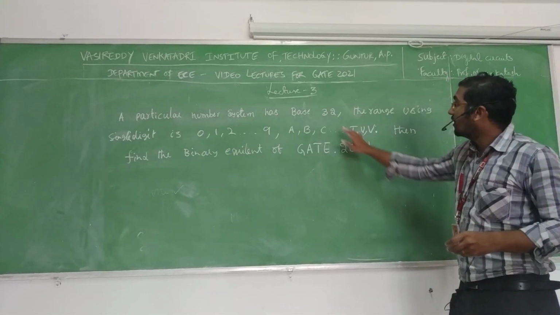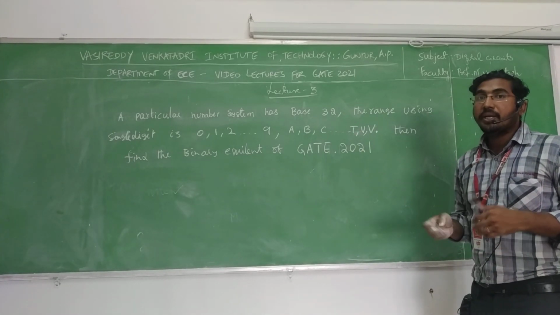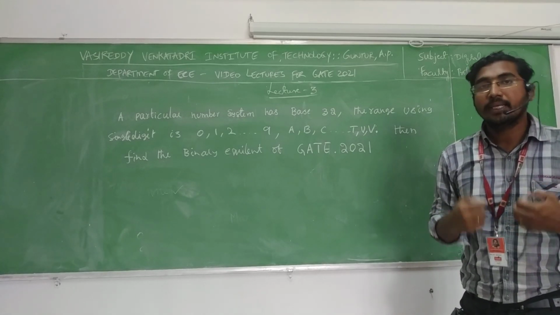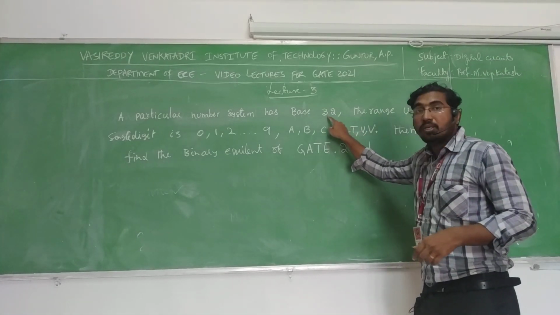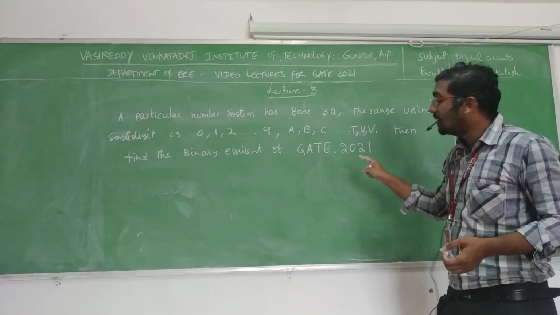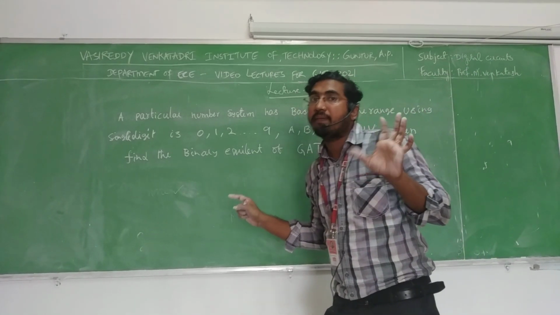So here the base is 32. I'm giving a hint: if you can write the base in terms of a power of 2, we can directly convert. So here 32 is what? 2 power 5. It means each digit has to be written in its 5-bit equivalent format.